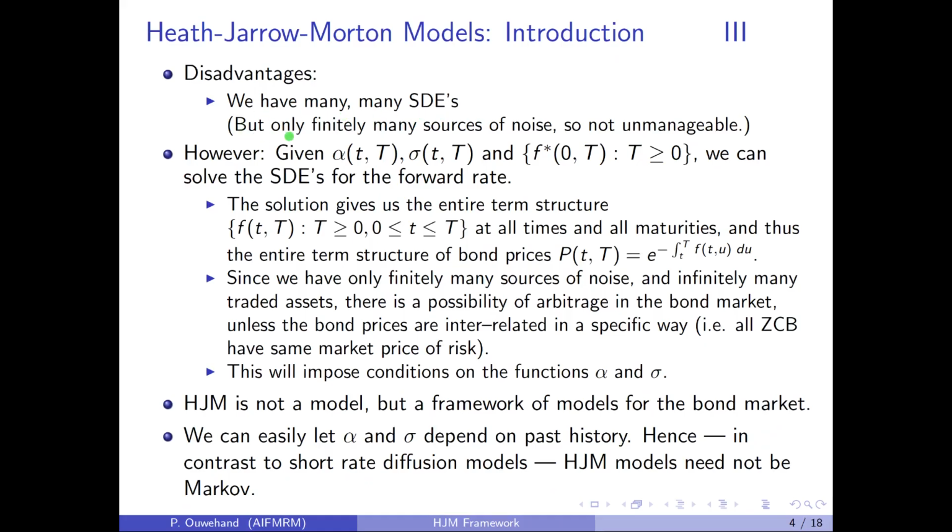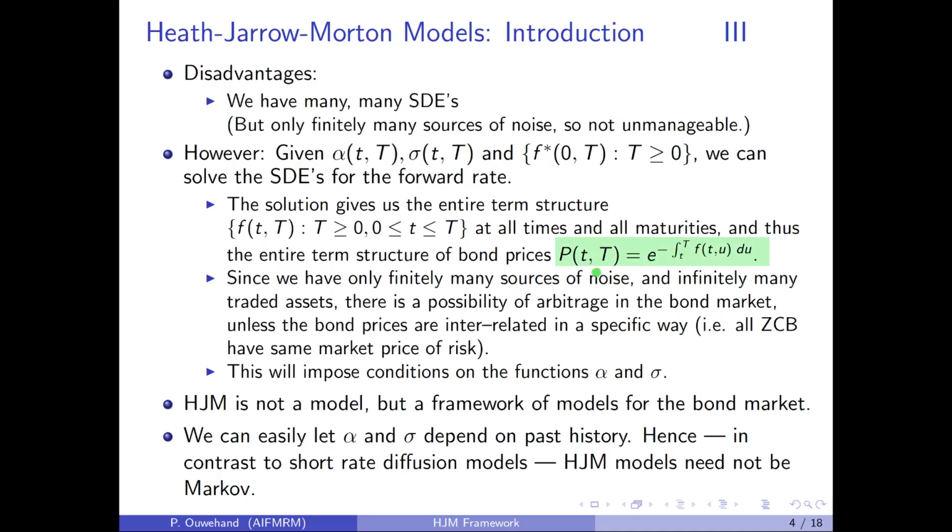But as we have only finitely many sources of noise, this turns out to be not completely unmanageable. However, given a drift alpha and a volatility sigma and an initial term structure of instantaneous forward rate F star, we can solve the SDEs for the forward rate, which gives us the entire term structure at all times for all maturities, and thus the entire term structure of bond prices.